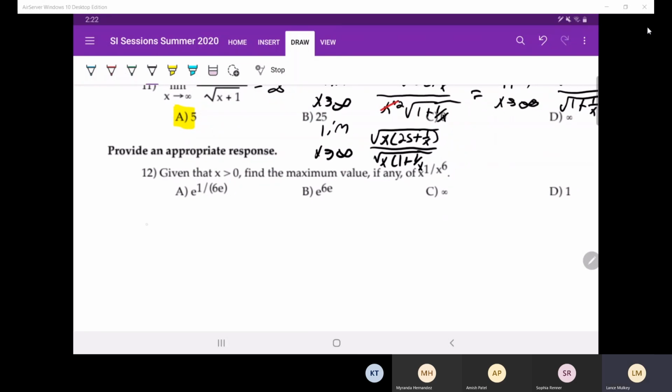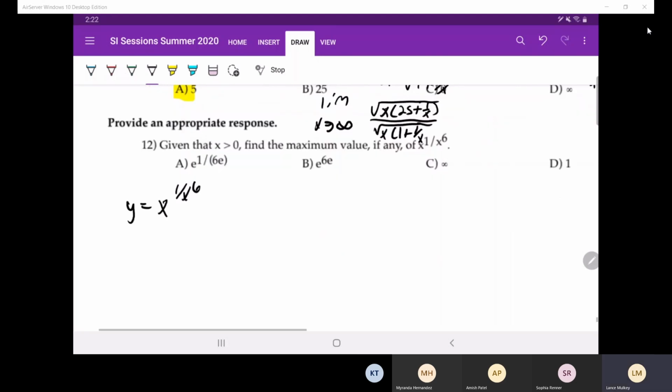So we're going to say f of x, I'm going to say y equals x to the 1 over x to the 6th. So solving this, you got to use logarithmic differentiation. So we're going to do natural log of y equals natural log of x times 1 over x to the 6th.